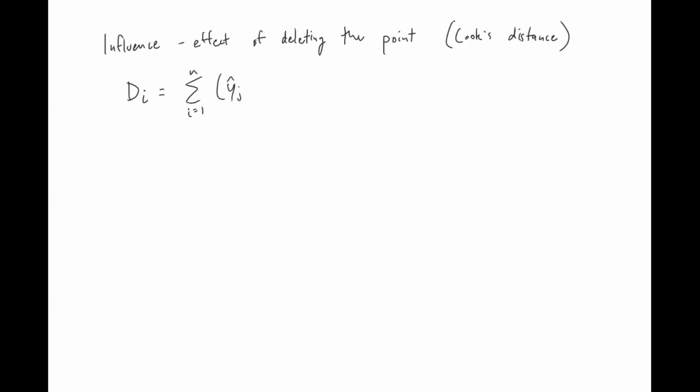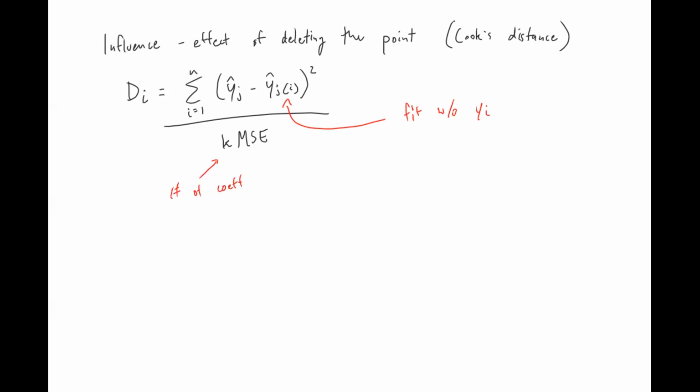It is y hat j minus y hat j(i), and I'll describe what that is in just a moment, divided by k times MSE. The term y hat j(i) refers to the fit without y_i, and k is the number of coefficients.